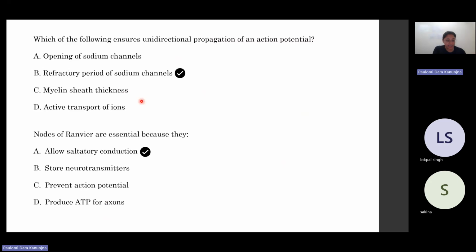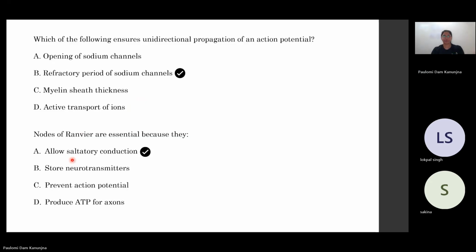It becomes inactivated, so during this they cannot reopen immediately, and that's why your action potential does not come backward. It opens, pushes sodium ions, and then closes again, so that it doesn't open again for another round of initiation. That's how you have only one direction of propagation. And nodes of Ranvier have saltatory conduction, which I also explained. The action potential basically jumps when it is moving via a myelinated axon.